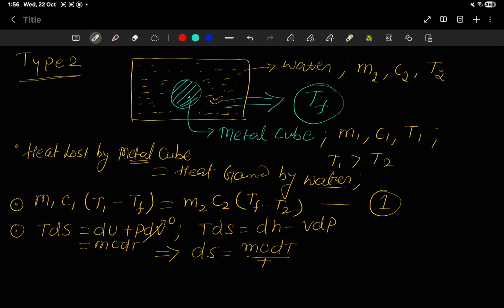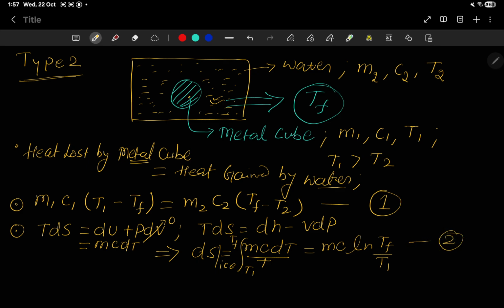Now let's write it for ice: just integrate it from T1 to Tf, and we will get mc ln Tf upon T1. This is equation number 2.